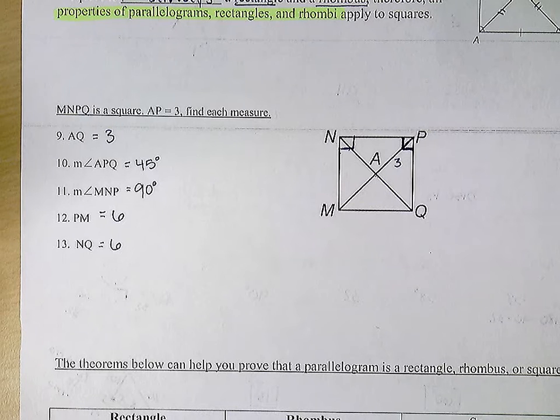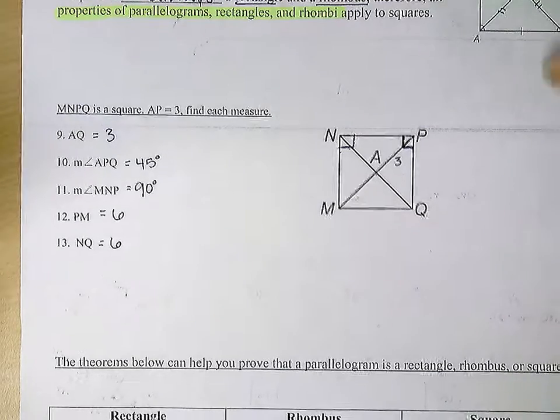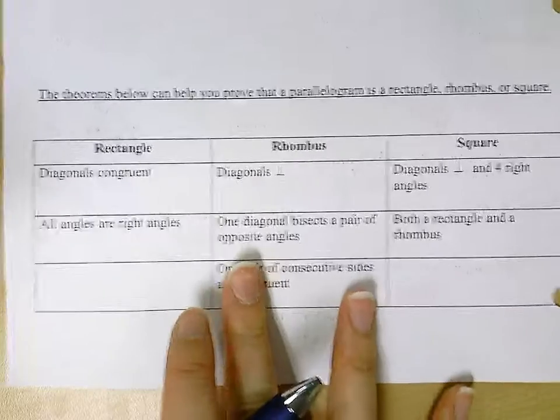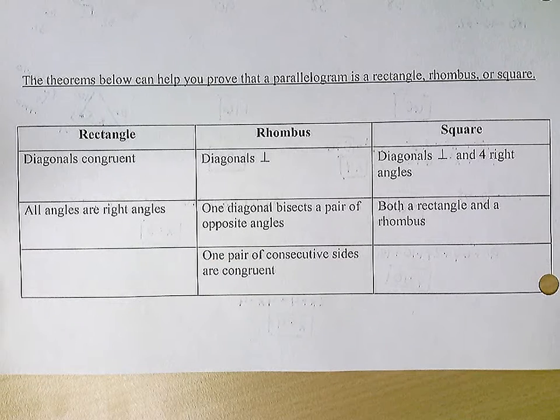Questions on those problems there? At the bottom, I just have a chart of how to prove a parallelogram is a rectangle, rhombus, or square. For rectangles, your diagonals have to be congruent, and all angles are right angles. For a rhombus, your diagonals have to be perpendicular to each other.